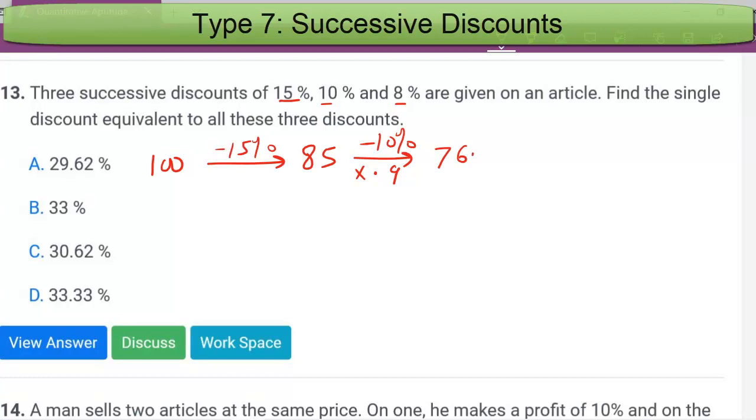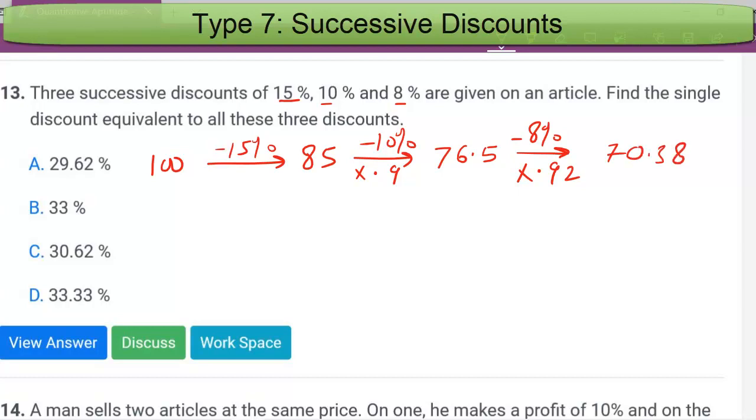Okay, after that again there is a discount of 8%, so that means 92% is remaining, so I can multiply this value by 0.92. Okay, so if you multiply 76.5 into 0.92, then you will get the value as 70.38. So this calculation has to be done.